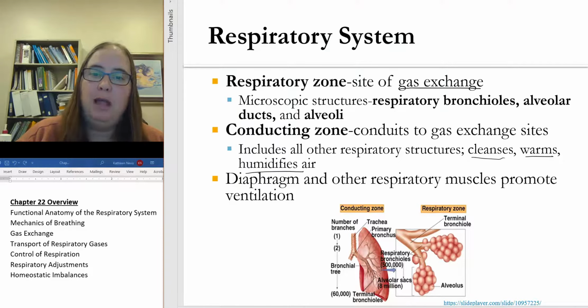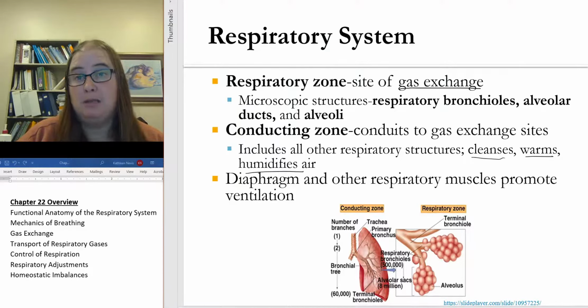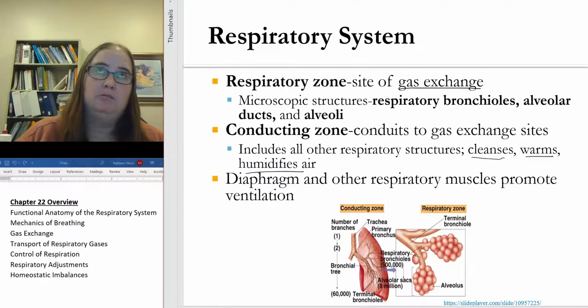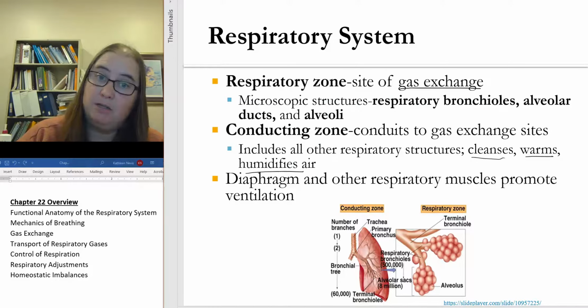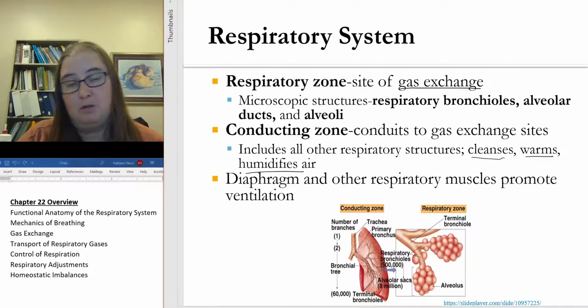Then we also have the diaphragm and other respiratory muscles that are part of the muscular system. They aren't necessarily part of the respiratory system proper, but are very important structures because they promote the process of ventilation. And again, we can see down here that pretty much everything prior to the terminal bronchiole, depending on what books you're looking at, the terminal bronchioles will sometimes be considered conducting zone, sometimes respiratory zone.